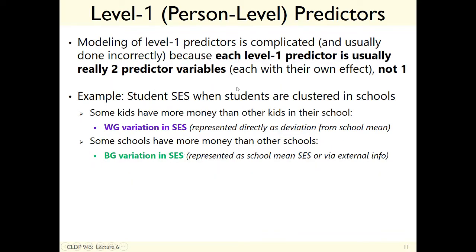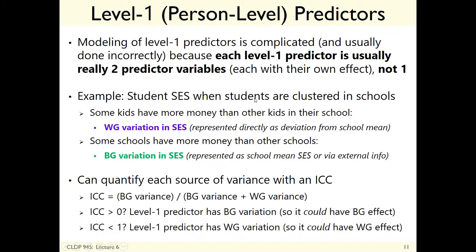So we have the same set of concerns with respect to smushing in clustered data as we did in longitudinal data. Each level 1 predictor, to the extent that it has an intraclass correlation greater than 0 and less than 1, has variation at level 1 and level 2, and it belongs at both levels of the model.